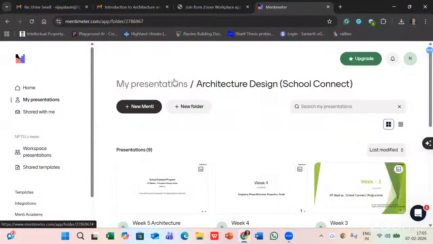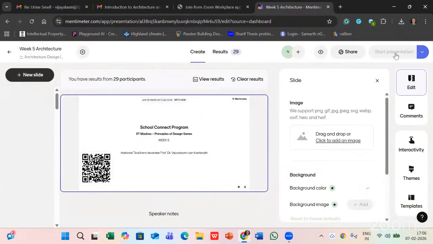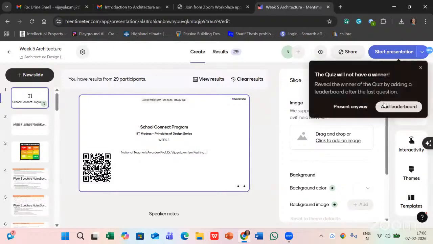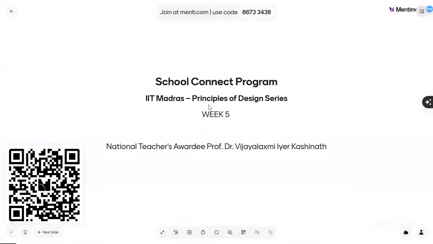So I am going to share the screen now. Can you all open this Mentimeter and join using this code, please? I'll give you a minute's time.